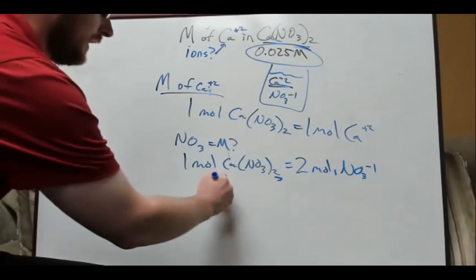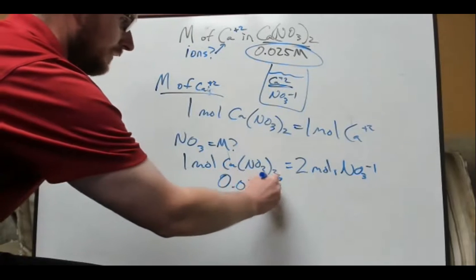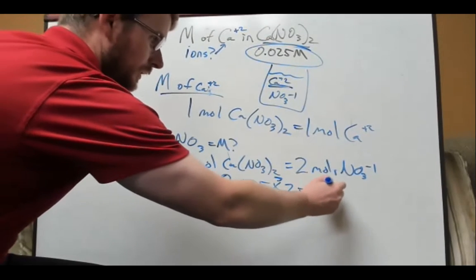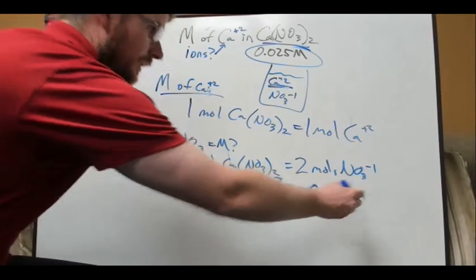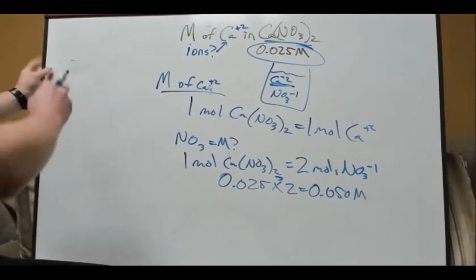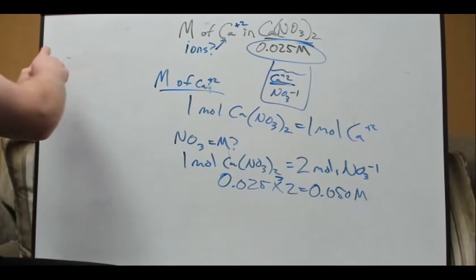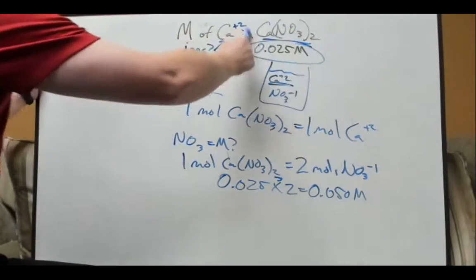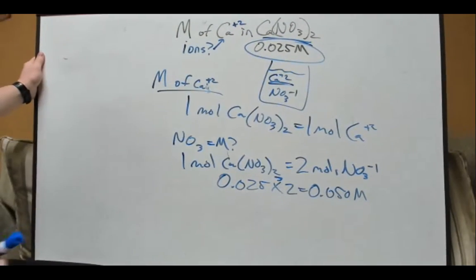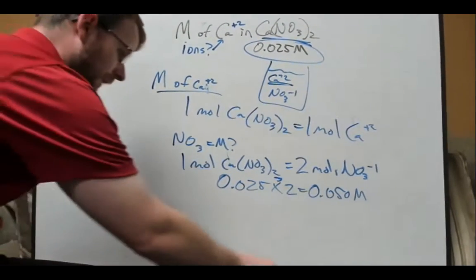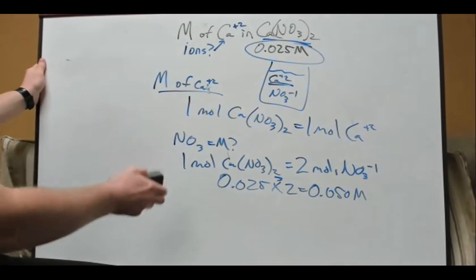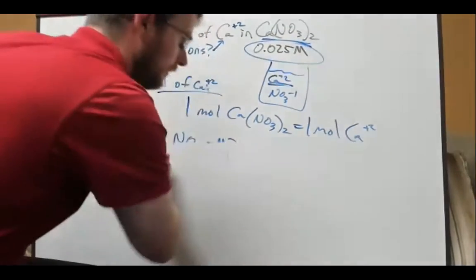So we'll take 0.025 and multiply it by 2, and we get 0.050 molar. Again, we talked about molar ratios, ratios within a compound. These ratios are very, very important.